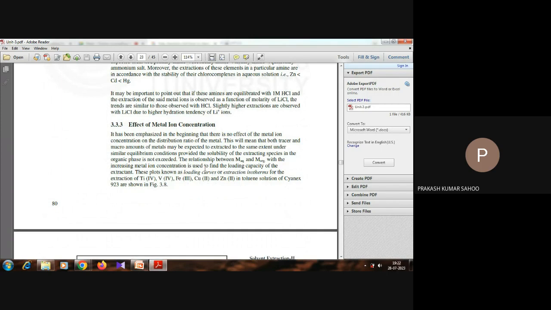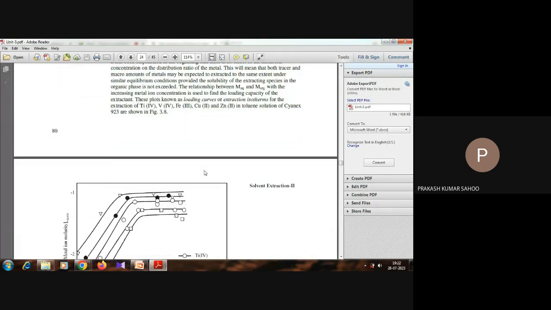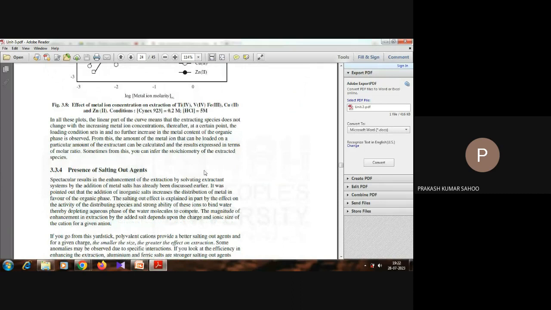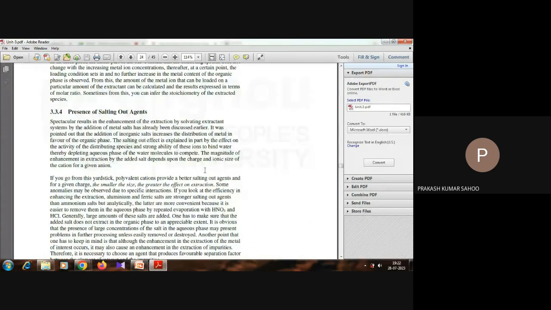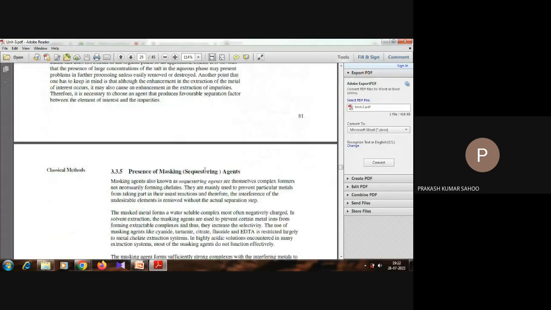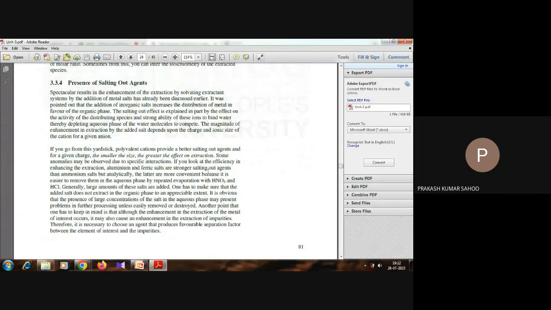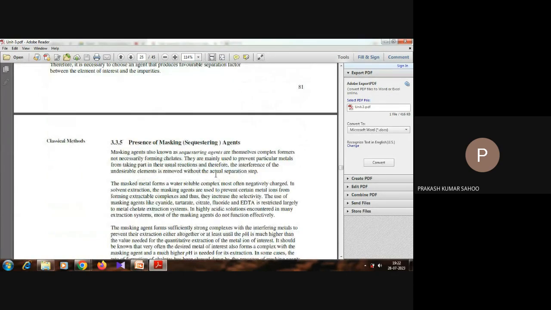Effect of metal ion concentration. If the concentration of the metal ion is more, then solvation of more salt. Then the presence of salting out agents, like salting out of salt. That is, external agents are used, where the extracts are added with some common ions, which is effective to extract the metal ion.